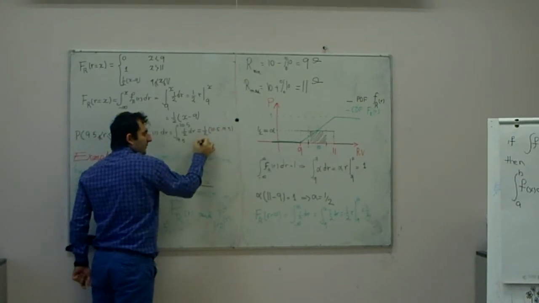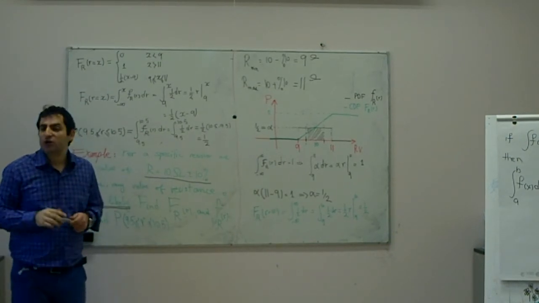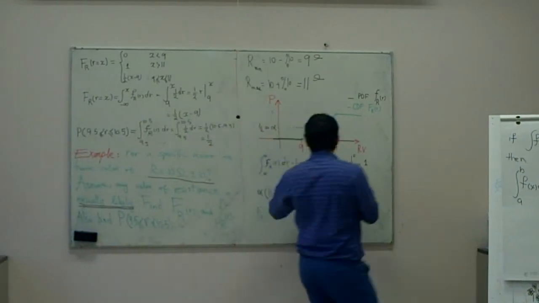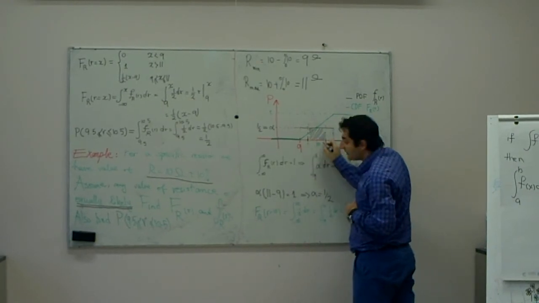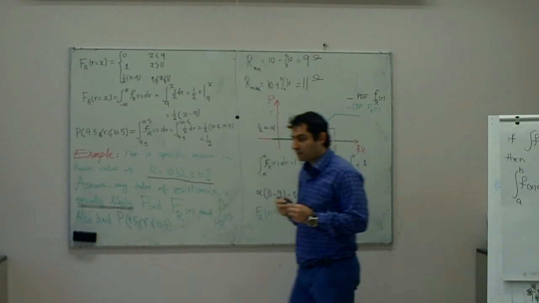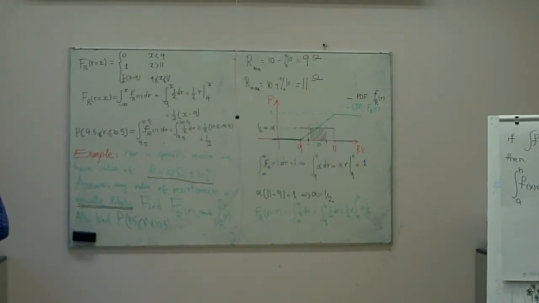I just write it in the faster form, or you can do it geometrically. We have a rectangle, the height is 1/2, the width is 1, multiplied, it is 1/2.